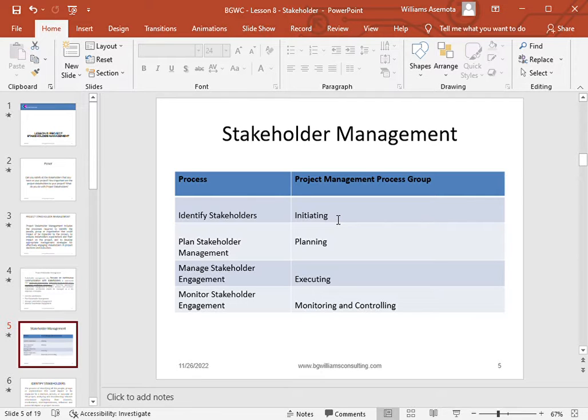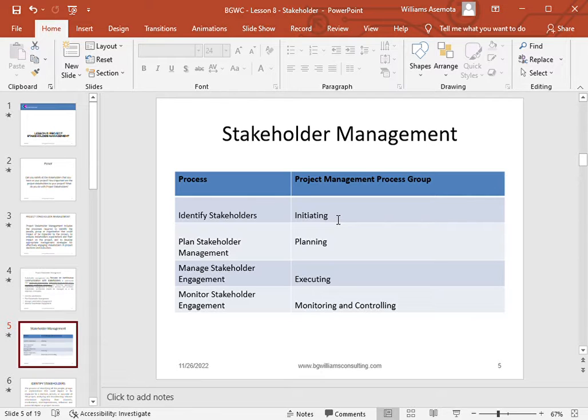The moment the document is signed, the second thing that is done at the initiation stage, apart from the documentation, is identifying your stakeholders. So at the beginning of every new project, you are expected to have a project charter, which is the official document for managing the project.